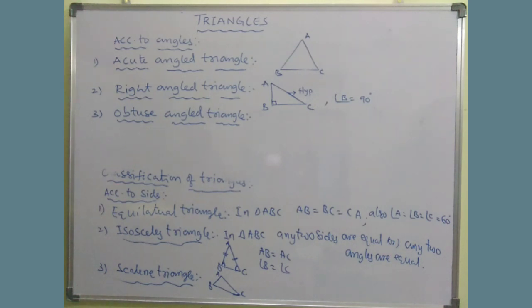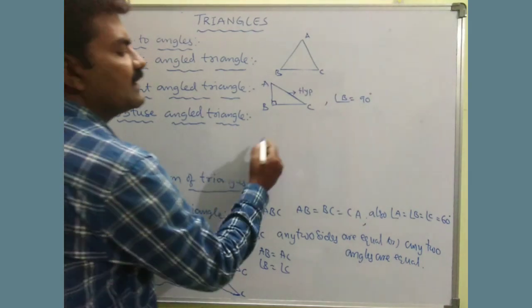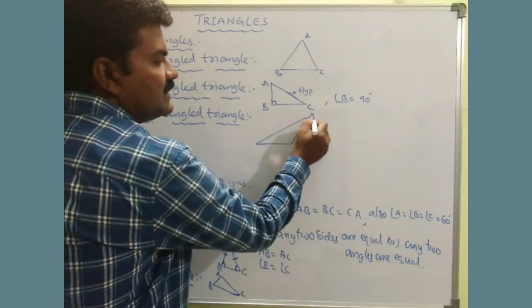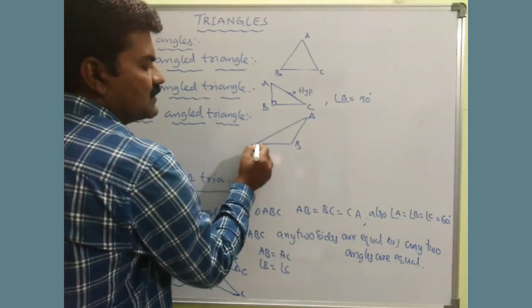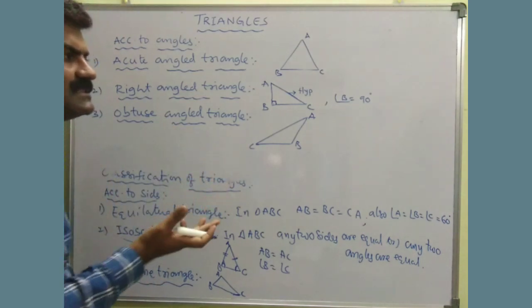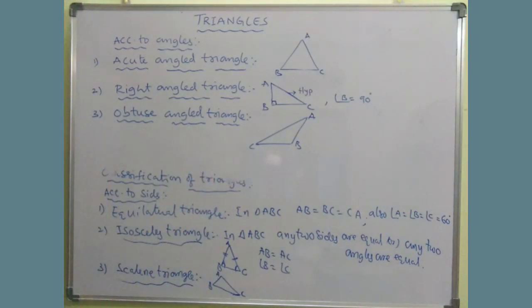If one of the angles is more than 90, in this way, suppose A, B, C. So if one angle is obtuse, in the sense more than 90, then such a triangle is called an obtuse angled triangle.